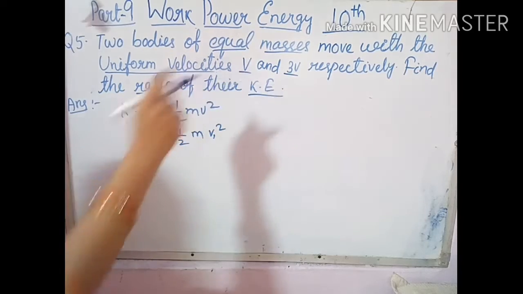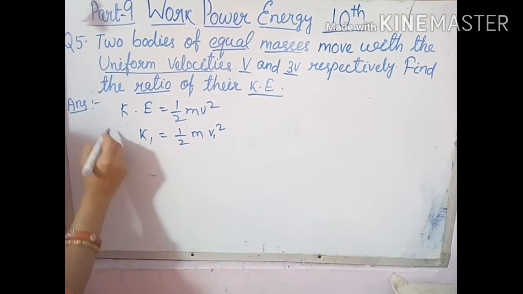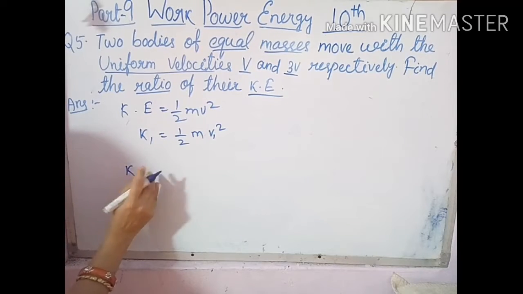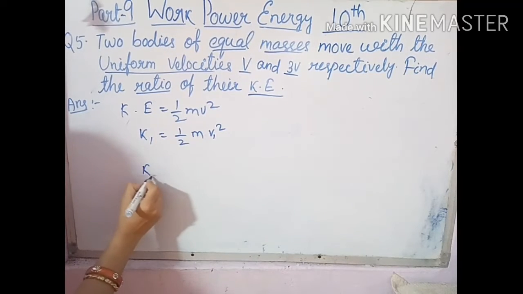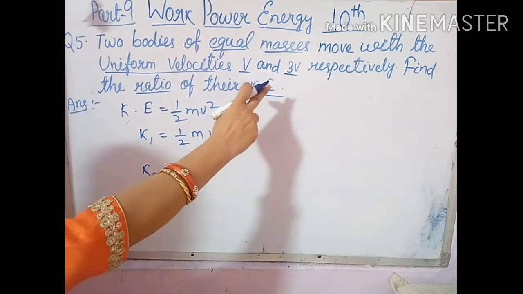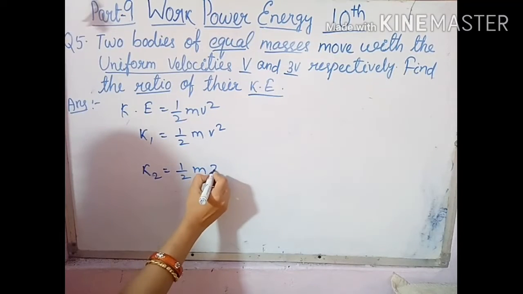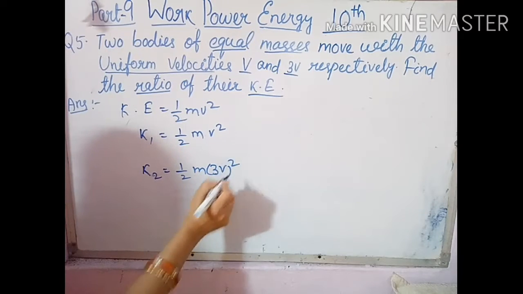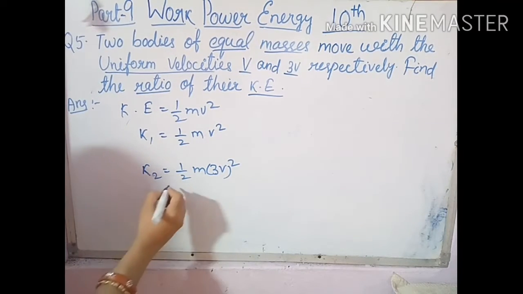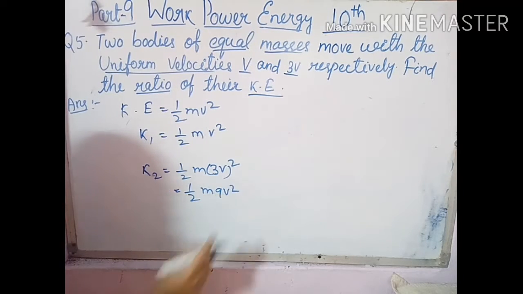Now the second body, K2 equal to half, M is the same. Here V means V, and in the second case it is 3V square. You have to put the whole thing. Then half M, it is 9V square.